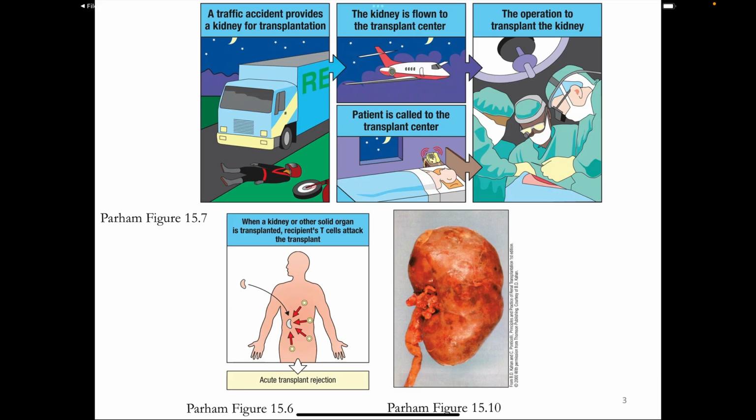We fly that kidney to wherever the person is, and we go straight into surgery, because this person, while they are lacking this organ, is going to be having some pretty severe medical issue that requires them to need a new organ. And so this needs to be done ASAP with this organ as fresh as possible. You can see there's a whole lot of work that's going on here.